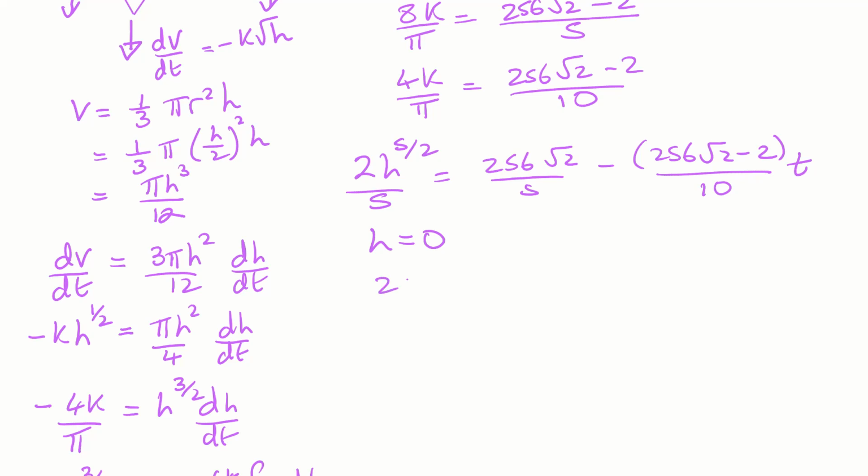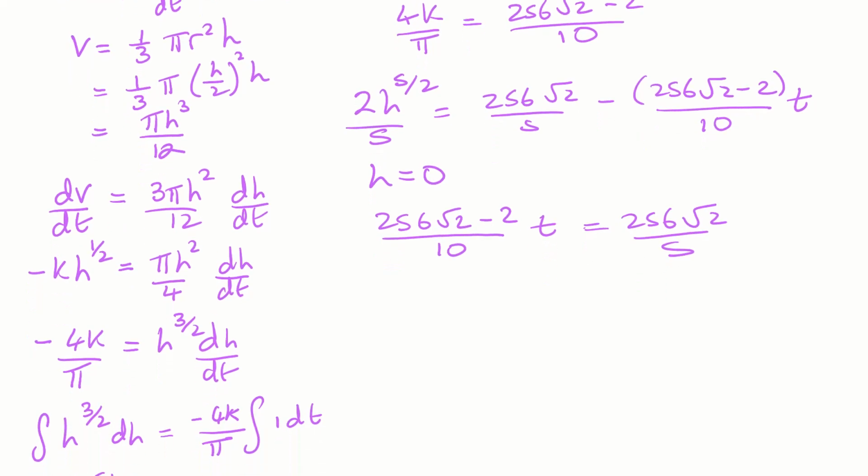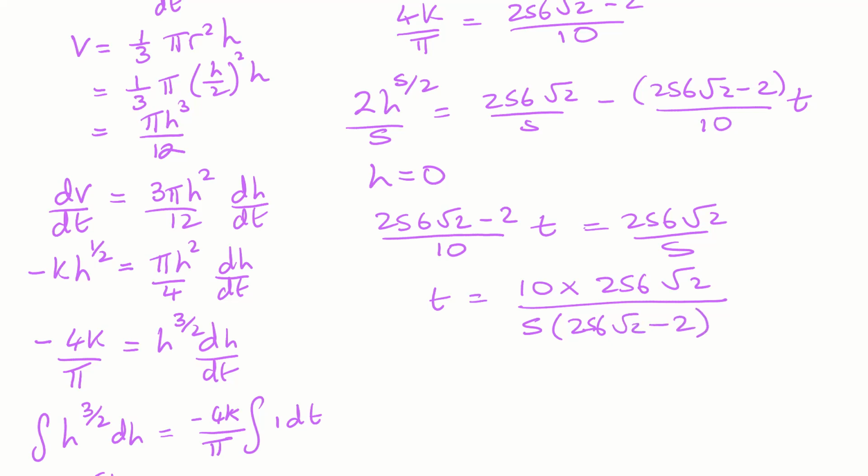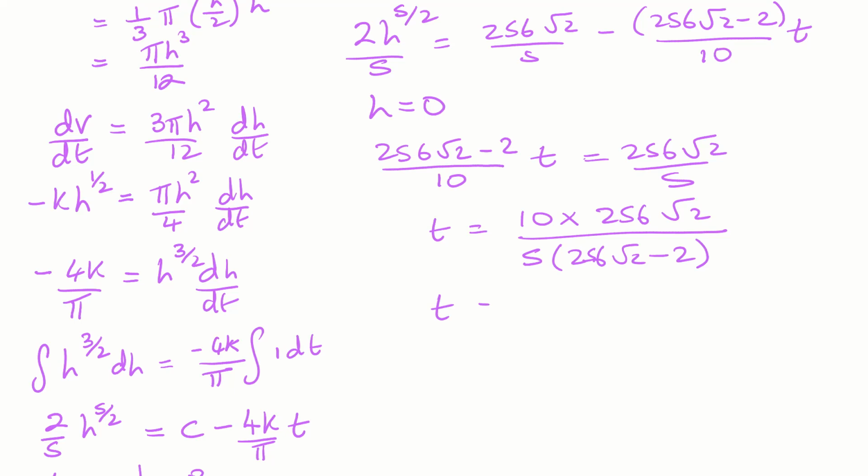So that gives us 256 root 2 take away 2 on 10 t is equal to 256 root 2 on 5. And so t is equal to 10 times 256 root 2 divided by 5 times 256 root 2 take away 2. And therefore t is equal to 512 root 2 over 256 root 2 take away 2.